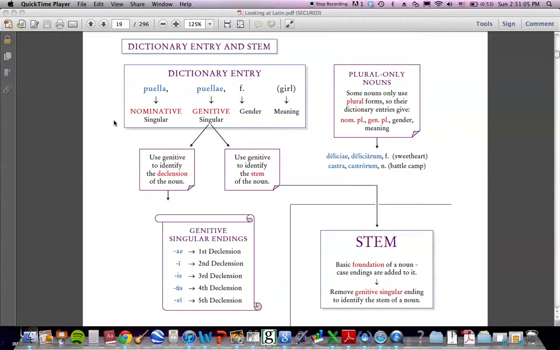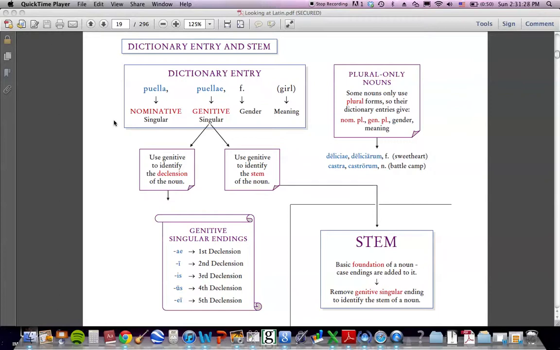And for nouns, the change of endings will tell us what is the role, or we say what is the function of the word in the sentence. It will tell us if the noun is the subject or the direct object, the object of a preposition, and so on and so forth.